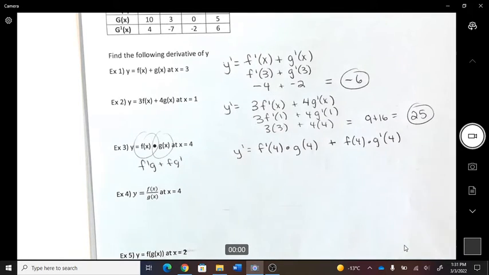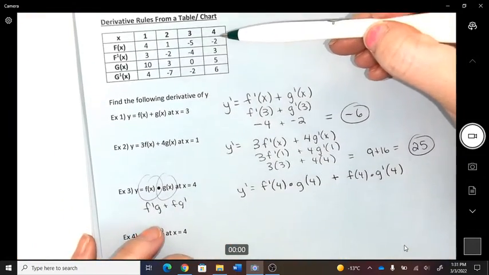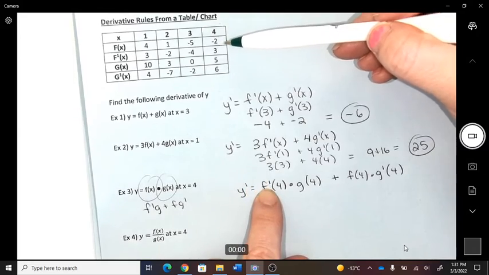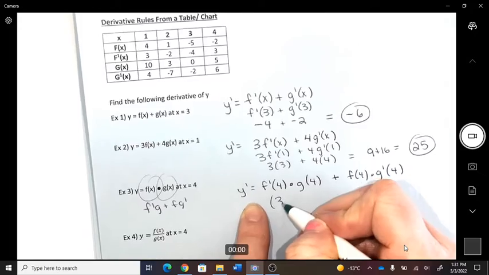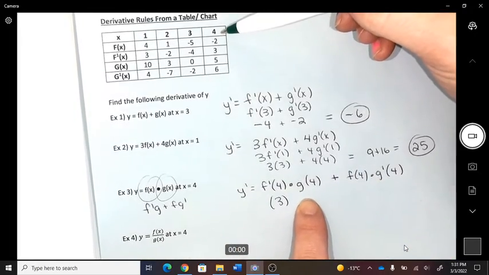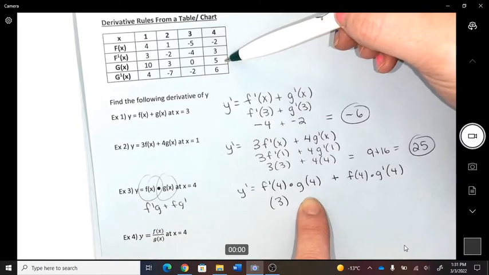Okay, now it's all about just making sure you're puzzling it together here. So go into the 4 column. So the f prime is 3. The regular g is 5.